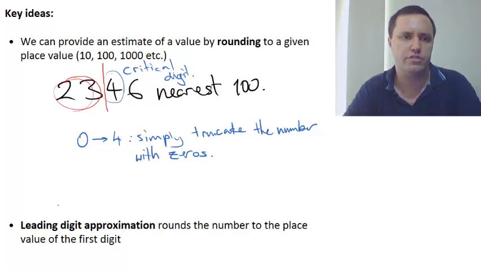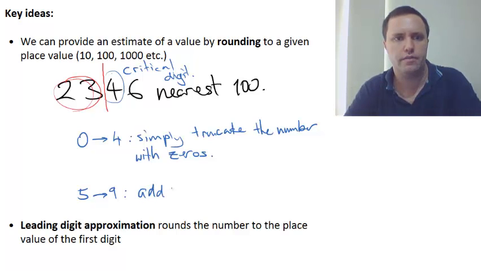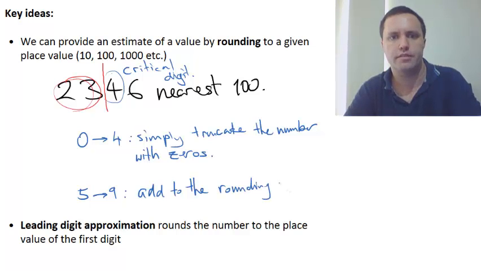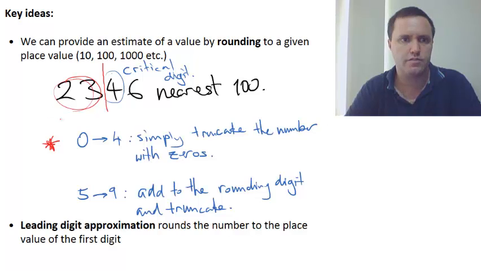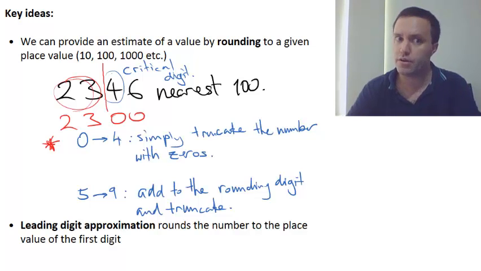If that critical digit is from 5 to 9, we add 1 to the rounding digit and truncate. So 2,346. We have a look at our critical digit here, 4. So that means we simply truncate this number with zeros. So we'll have 2, 3, truncate it with zeros. So 2,300 is approximately 2,346.